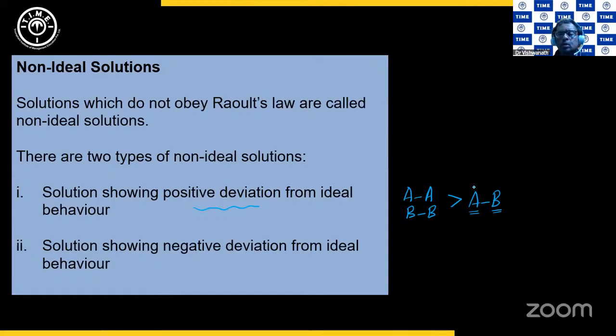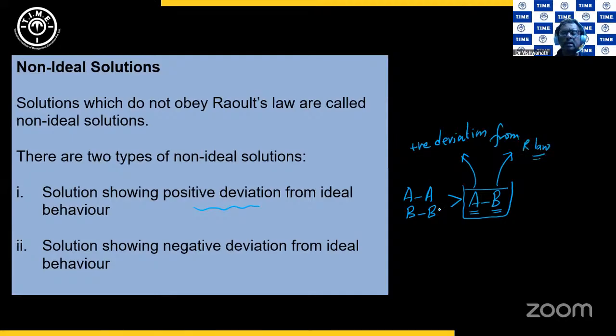So A wants to go more into the vapor because only in the vapor can A and B be away from each other, because in the liquid they are together, they need to be together. So A and B are prepared to move out more than what the Raoult's law asks. So there is a positive deviation from the Raoult's law. So when does a positive deviation from the Raoult's law happen?